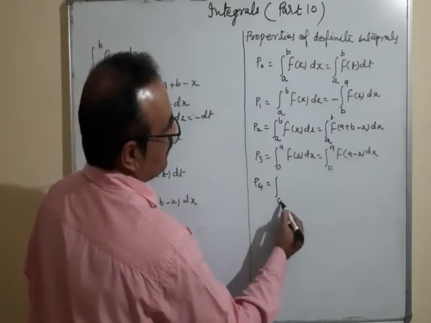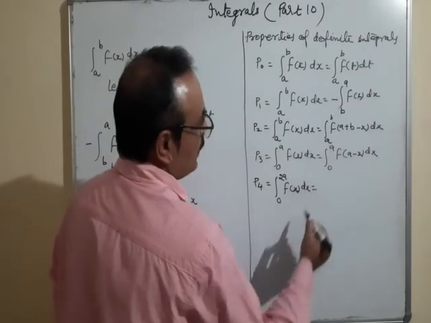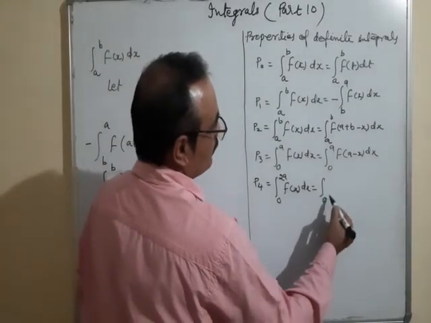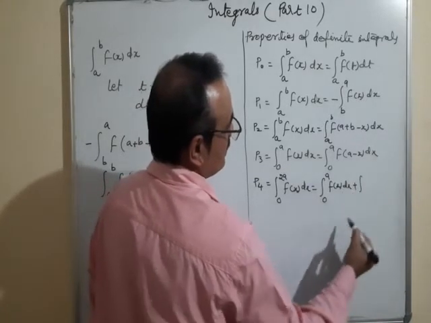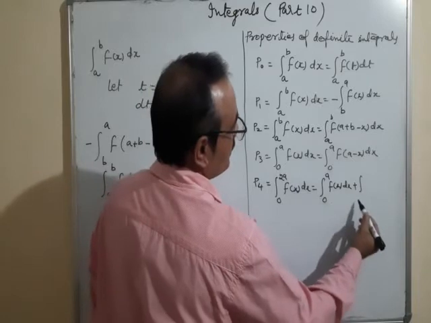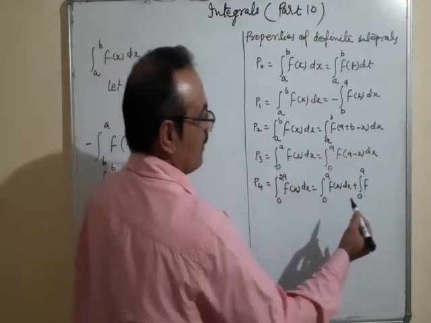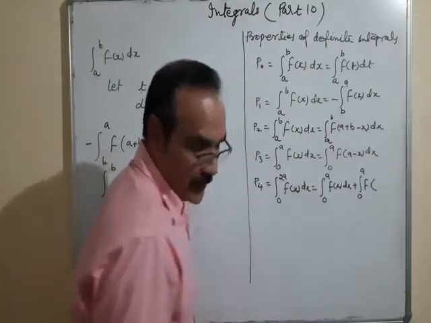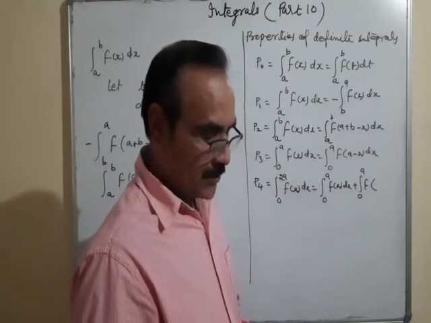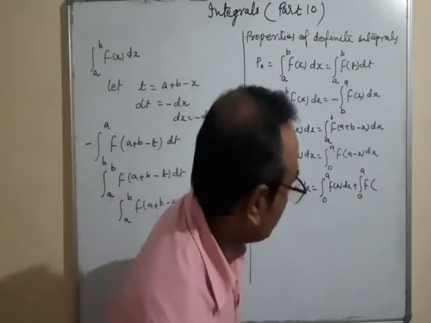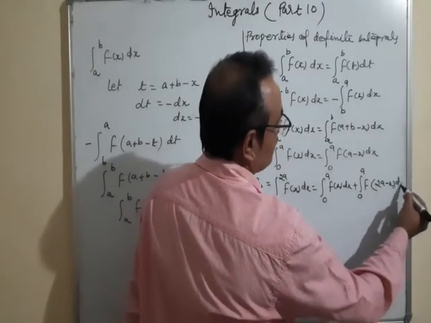P4: integral 0 to 2a f of x dx is equal to integral 0 to a f of x dx plus integral 0 to a f of 2a minus x dx.